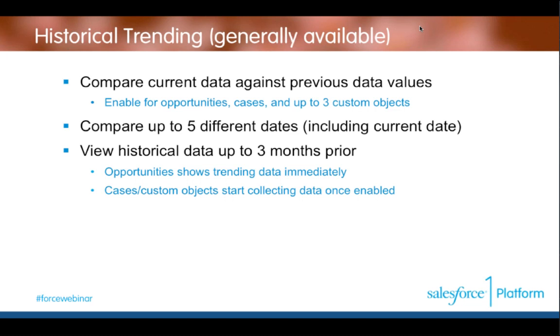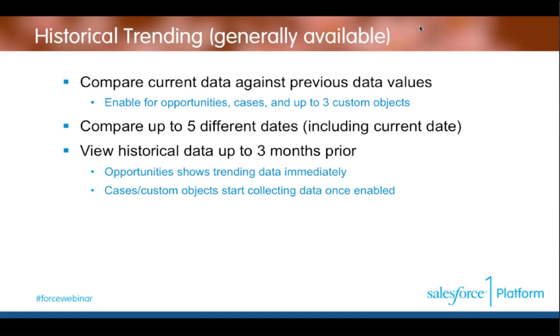This can be enabled for opportunities, cases, and up to 3 custom objects, and you can compare up to 5 different dates to see how your data is changing over time. Historical data for opportunities becomes available immediately as soon as you enable it, because we have that data on the back end already. With cases or custom objects, that data only becomes available once you've enabled historical trending for that object.